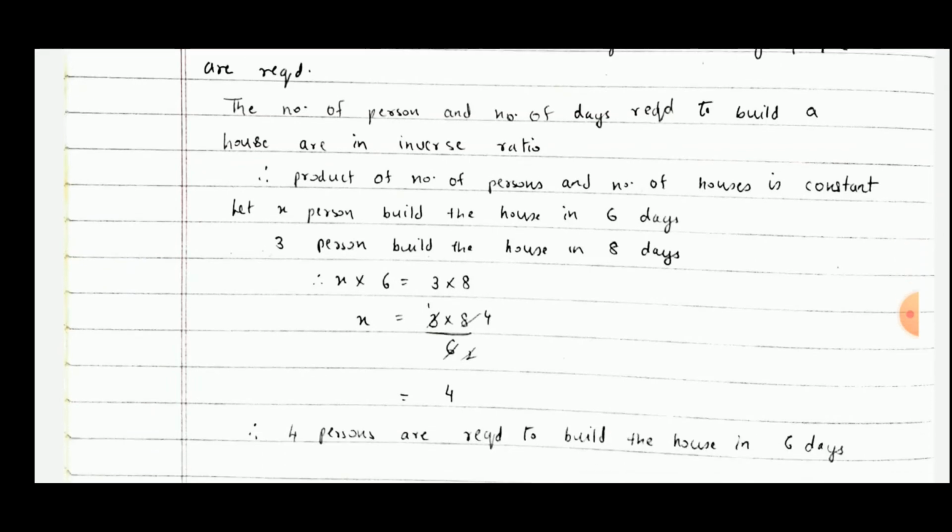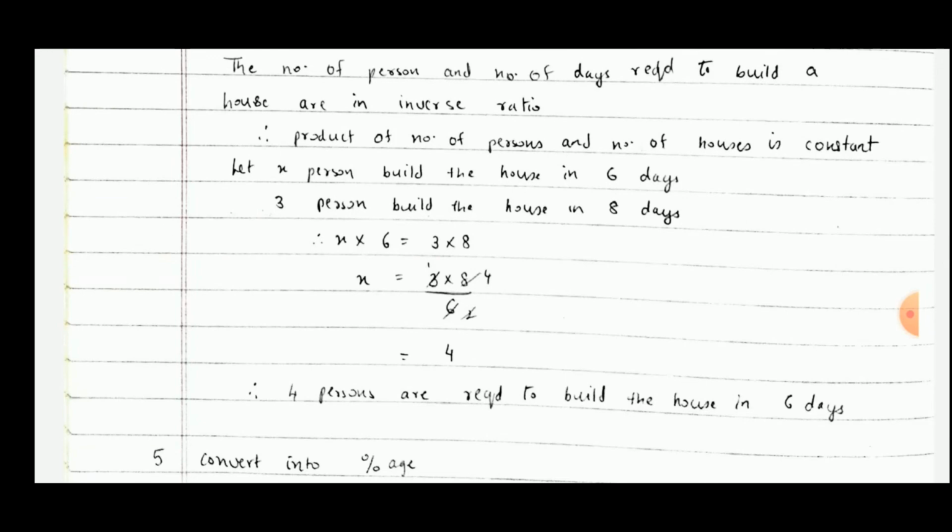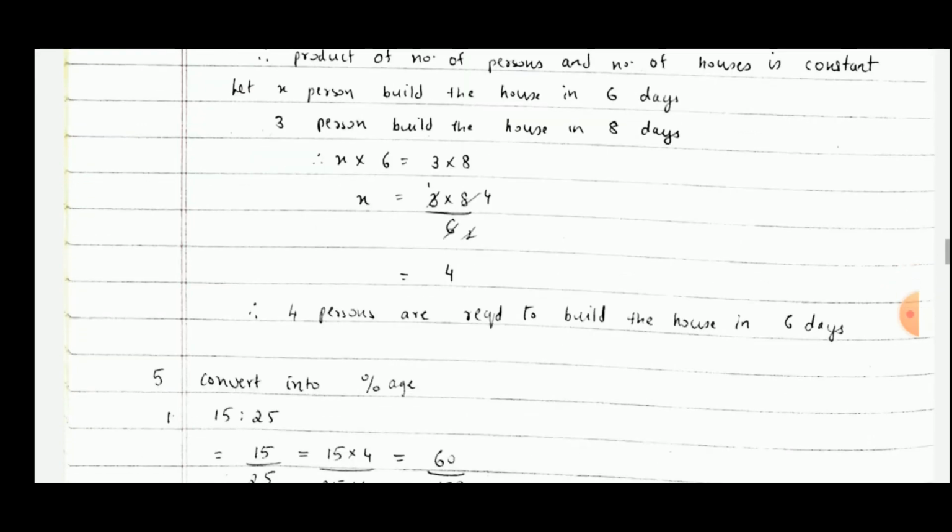Let X persons build the house in 6 days and 3 persons build it in 8 days. So X into 6 is equal to 3 into 8, that is X is equal to 3 into 8 upon 6, that is equal to 4. So 4 persons are required to build the house in 6 days.